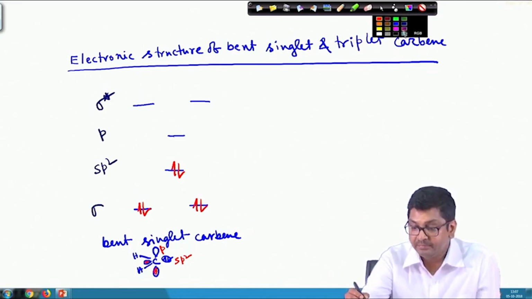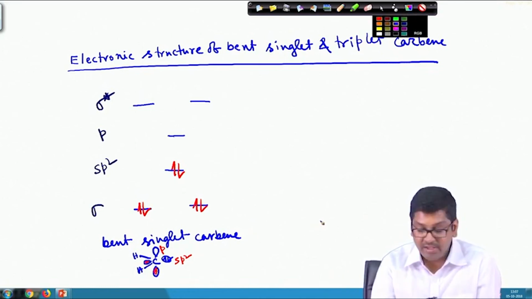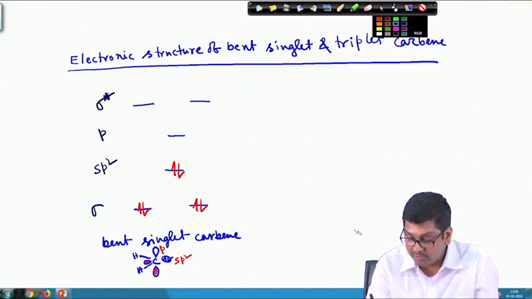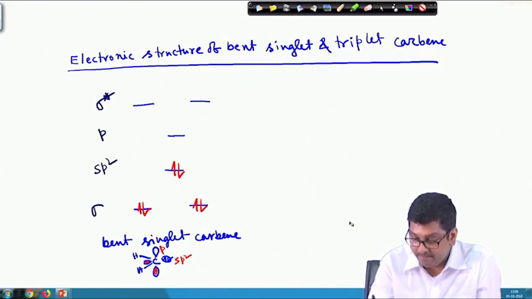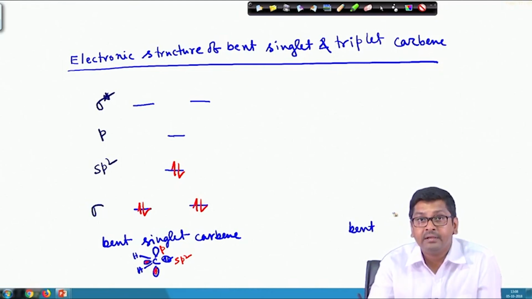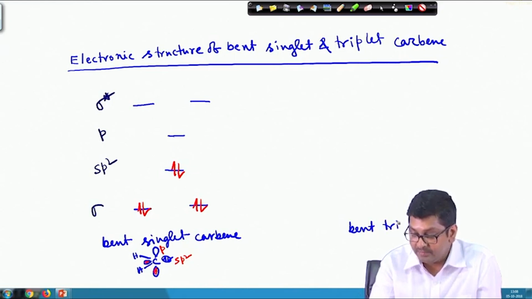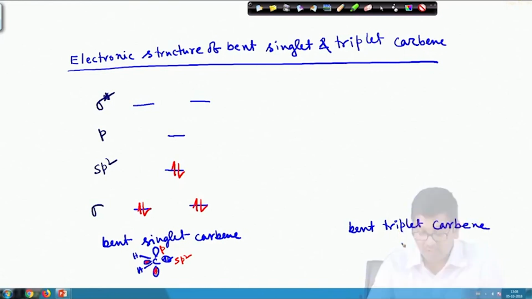Similarly, if we now go for the bent triplet carbene, like this.